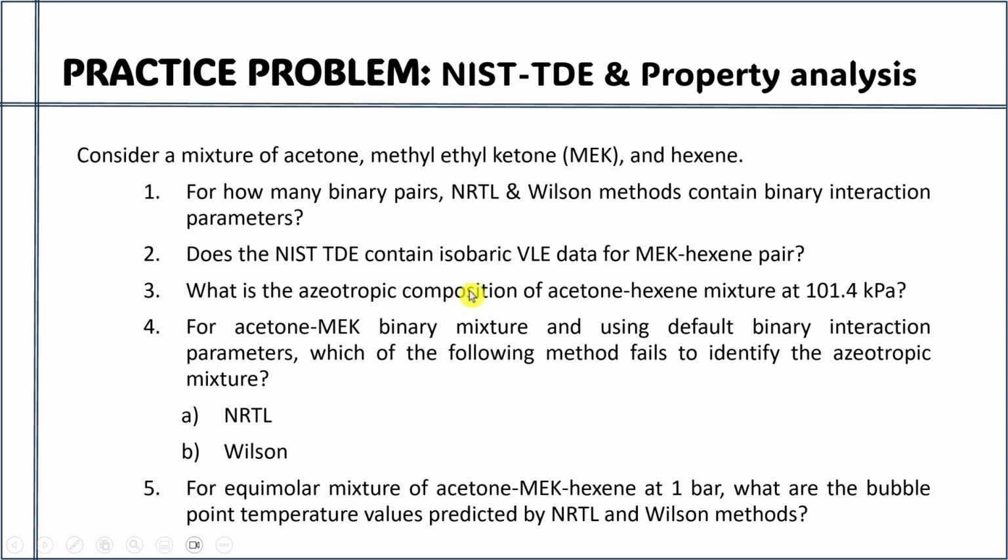What is the azeotropic composition of the acetone hexene mixture at 101.4 kilopascal, for the acetone MEK binary mixture and using default binary interaction parameters? Which of the following methods fails to identify the azeotropic mixture, NRTL or Wilson method? And the last question is, for an equimolar mixture of acetone MEK hexene at 1 bar, what are the bubble point temperature values predicted by NRTL and Wilson methods?